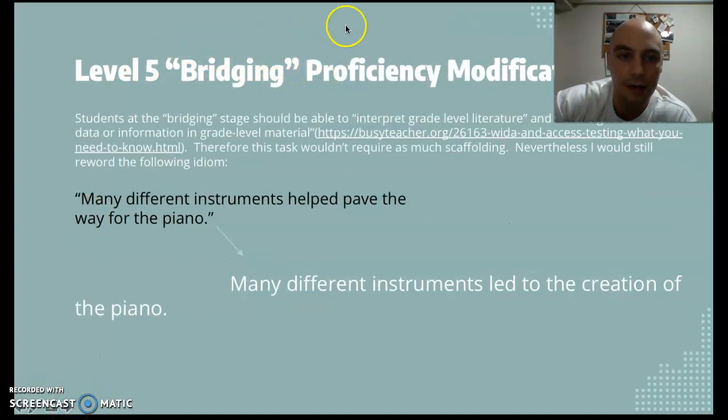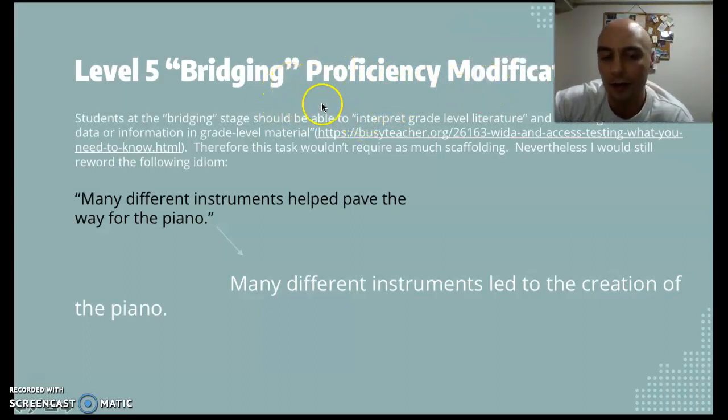And finally, the bridging stage. So I looked that up, and at that level, the student should be able to interpret grade level literature and get the significance of the data and everything.